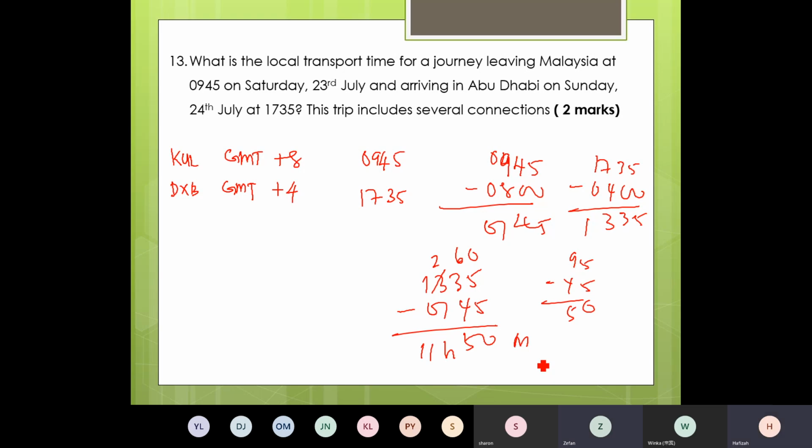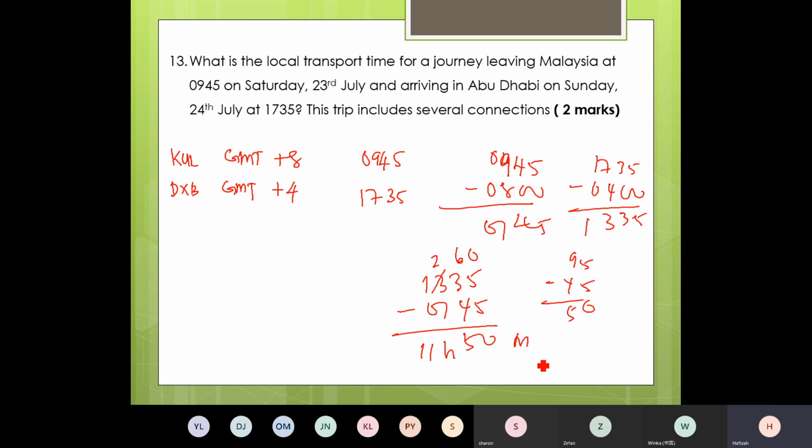How come 12 just now? Calculation mistake. Okay, if you borrow one, it is different, because when you borrow 1 hour, it equals 60 minutes when you convert to minutes. Don't just put one like your own maths calculation.